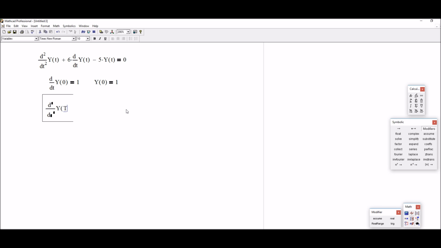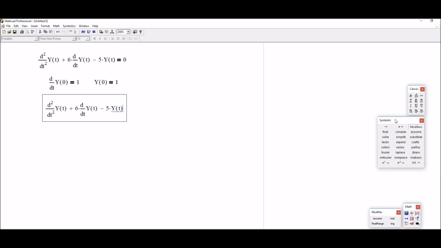So that's y double prime of t, plus 6 times the first order one, y prime of t, minus 5 times y of t.